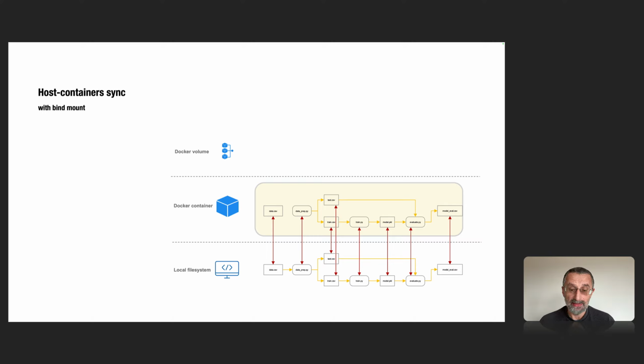In this setup, I need to run the Docker container from a very specific folder on my computer, whether it's a Mac, or Linux, or Windows, whatever. Then my Docker container reads the files from my local file system, does something with those files, and can save files to my local file system.